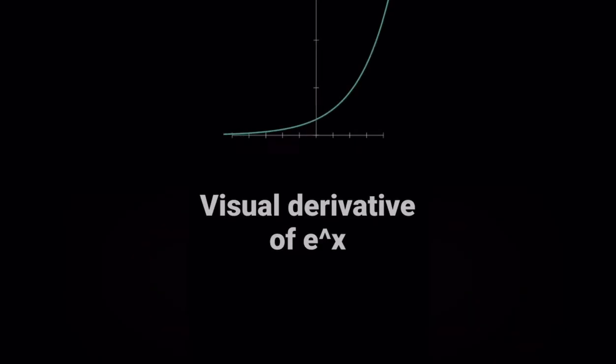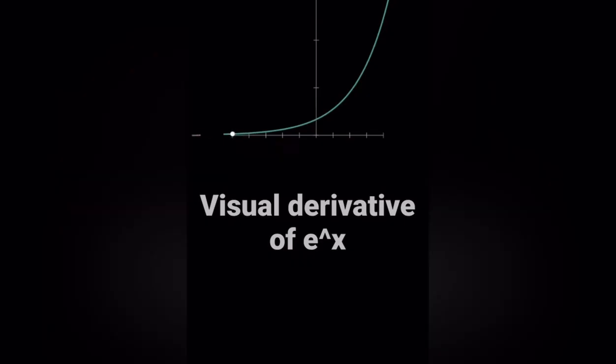Let's consider the function f of x equals e to the x and plot it on the axis here. We can draw the tangent line to the curve, which looks like the curve locally, and whose slope is the instant rate of change of the curve. We can compute the slope of this line, and we see that here it's 0.08. As we move the point along the curve, we see that the slopes of the tangent lines get larger. In fact, something even more interesting happens in this example.